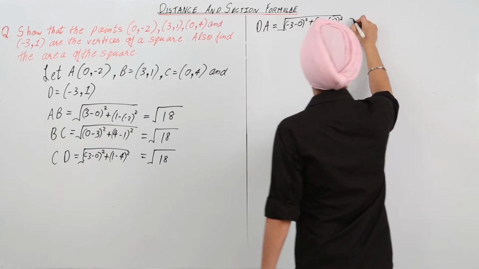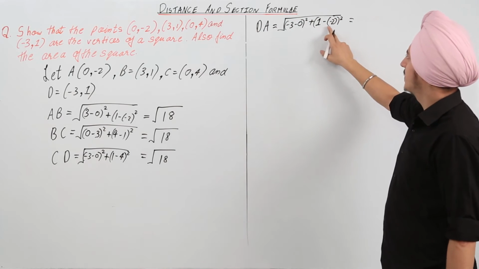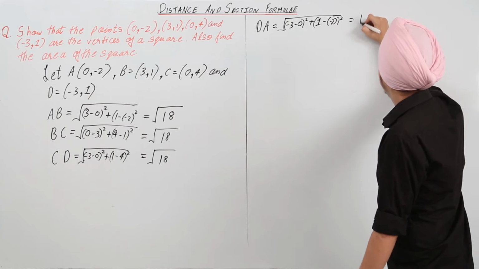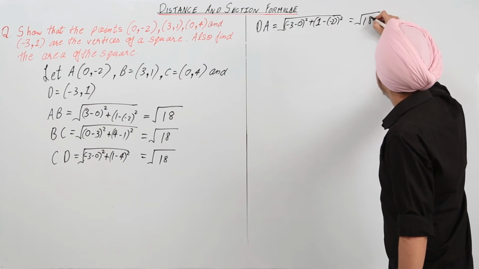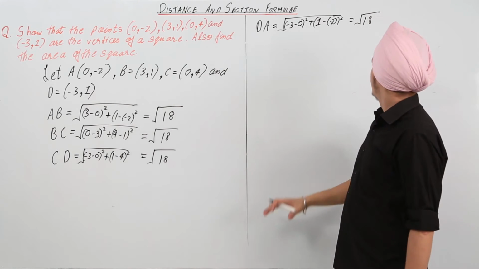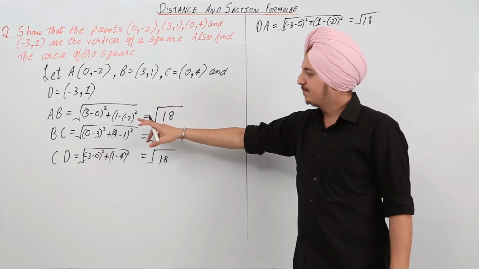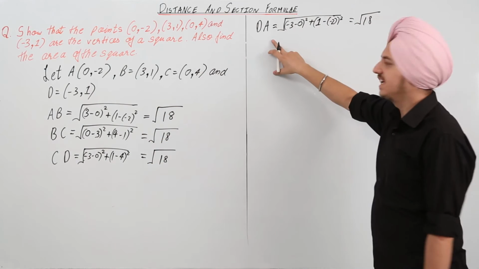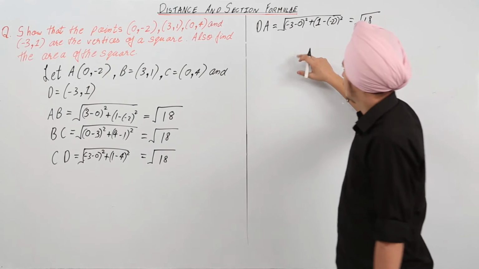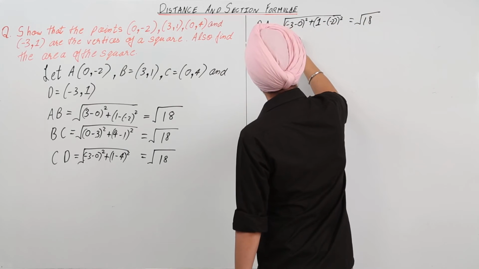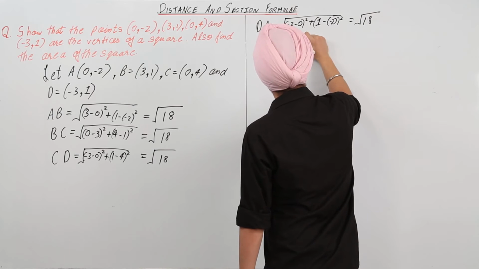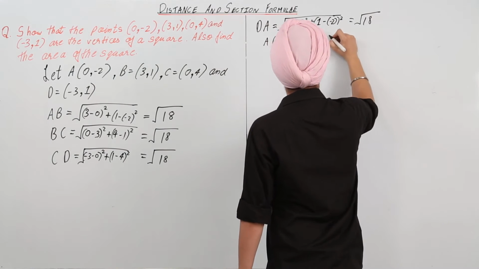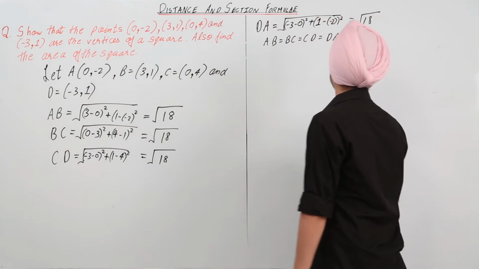So now this is again equal to 3 square plus 1 plus 2 is 3 square, that is equal to the square root of 9 plus 9, that is 18. So now we have proven that AB, BC, CD and DA are equal. So we have AB is equal to BC is equal to CD is equal to DA.